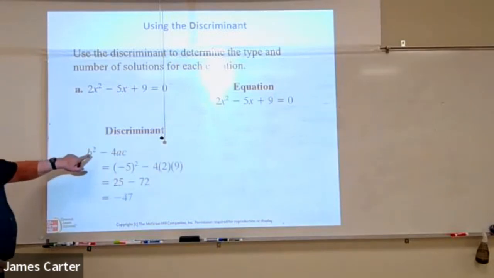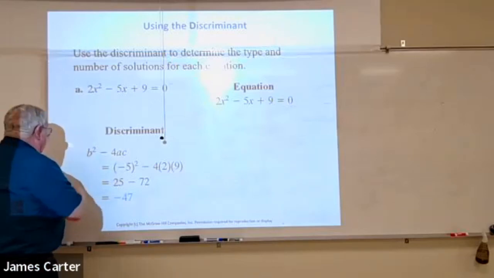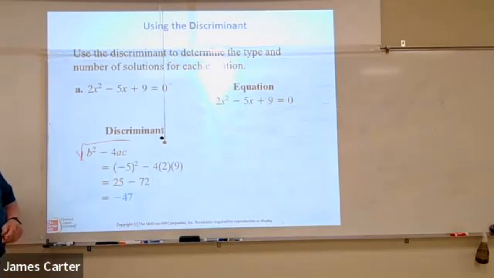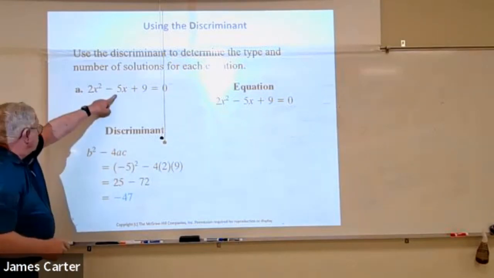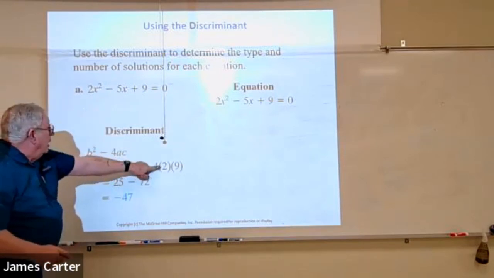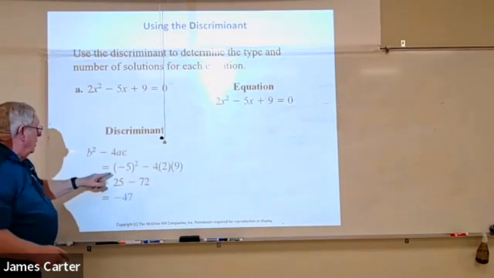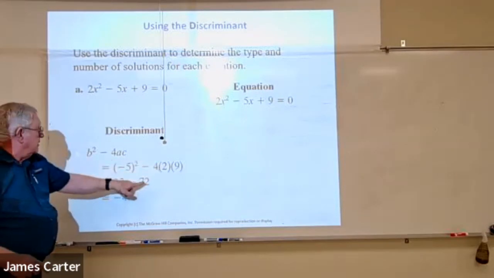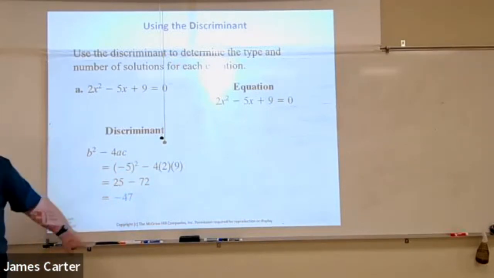The discriminant is just the b squared minus 4ac, the part that goes under the radical. Okay? Now, in this case, b is -5, a is 2, c is 9. 5 squared is 25 minus 72 gives me an answer of -47.